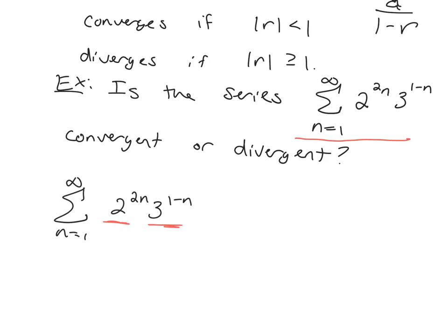So I'm going to focus on the first piece first, the 2 to the 2n. I'd like to rewrite that so that the power is just an n. So what should go inside the parentheses?